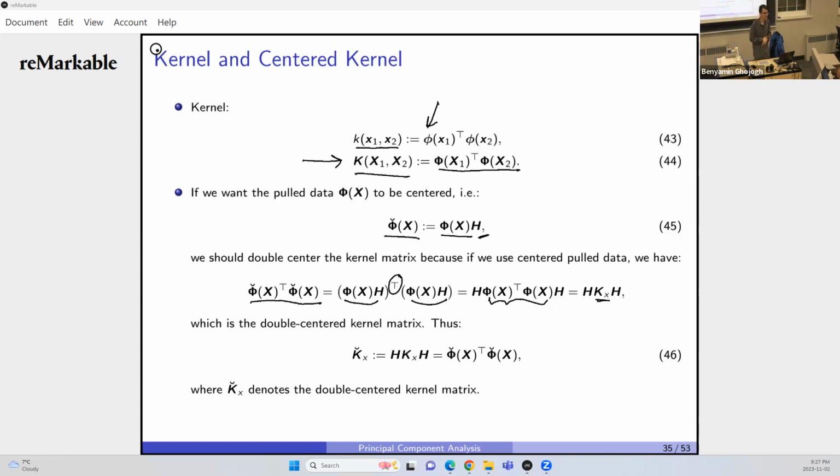As a result, for PCA, the double-centered kernel is equivalent to centering the pooled data in the Hilbert space. Interesting. Centering pooled data in the reproducing kernel Hilbert space means that you double-center your kernel matrix. So we denote the double-centered kernel matrix by K breve.